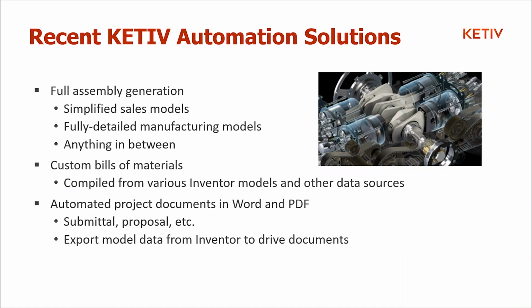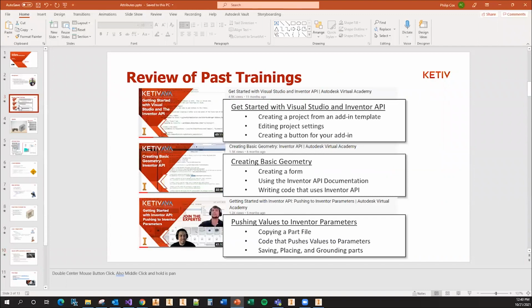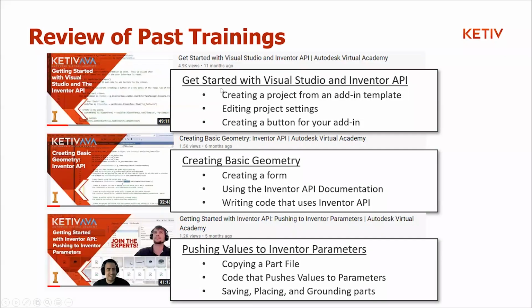this series starts with how to connect Visual Studio with Inventor. So if I come up here, you just look up getting started with Visual Studio and the Inventor API, and this will walk you through step by step of how to connect those two up. And then we jump into really basic, no real methods.